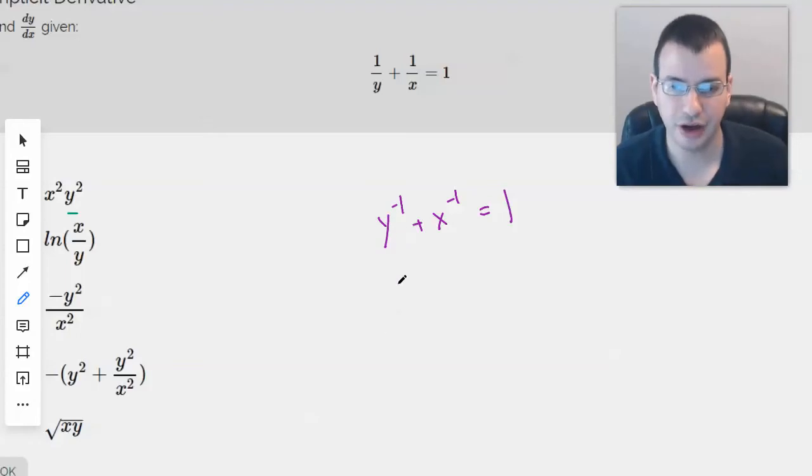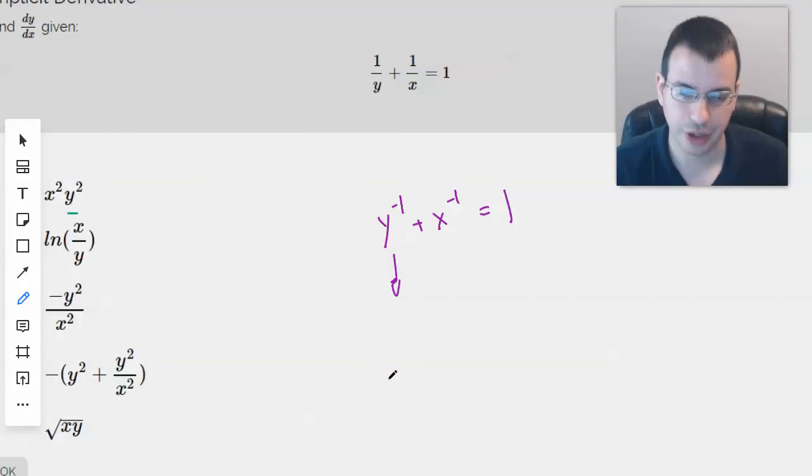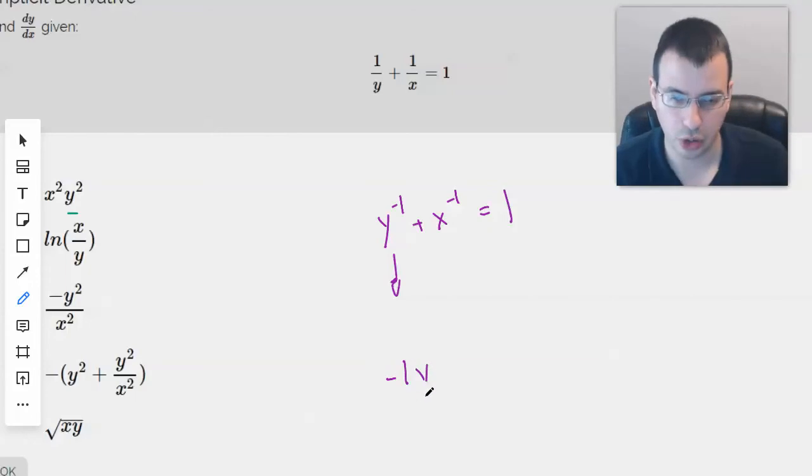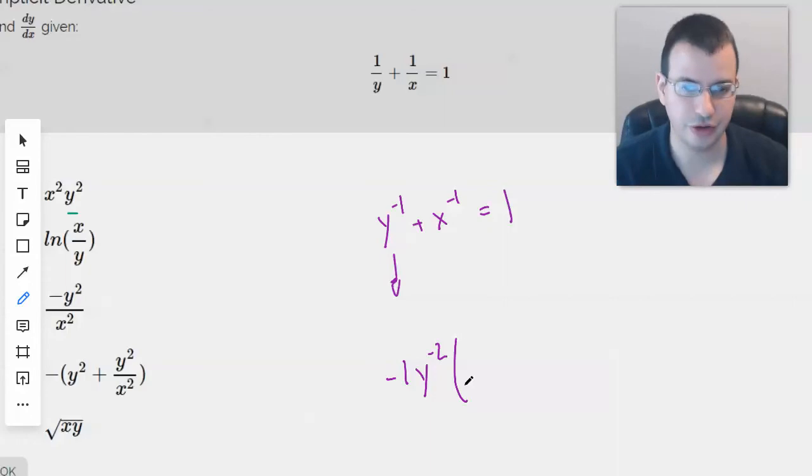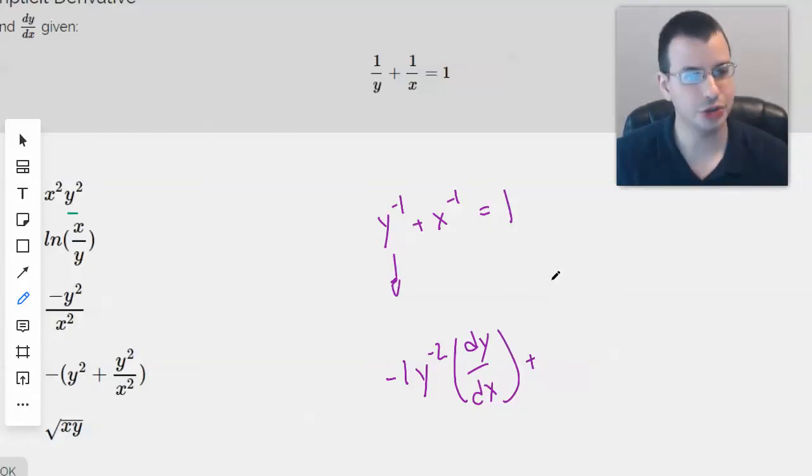So the derivative of y in this case, we start by doing the power rule. So we'd have negative 1 y to the negative second. But then we also have to do the chain rule here and find the derivative with respect to y. So dy dx. So what we're doing here is taking the derivative of everything with respect to x.